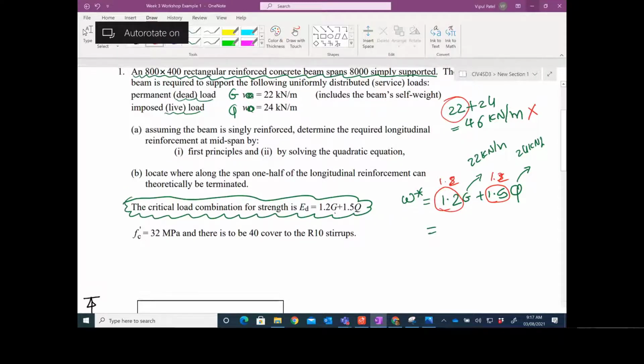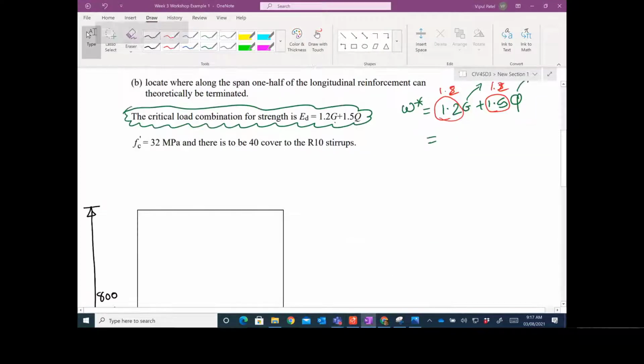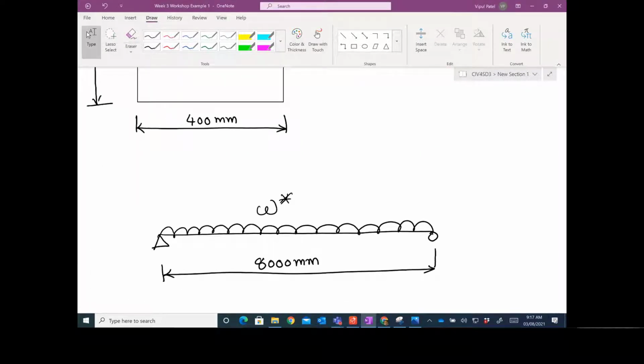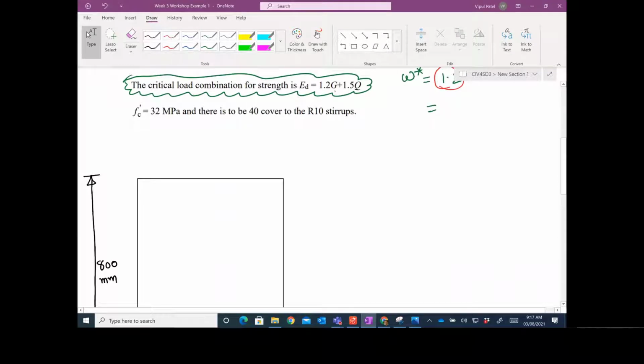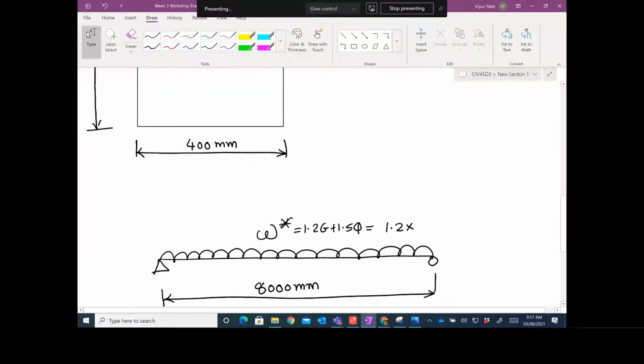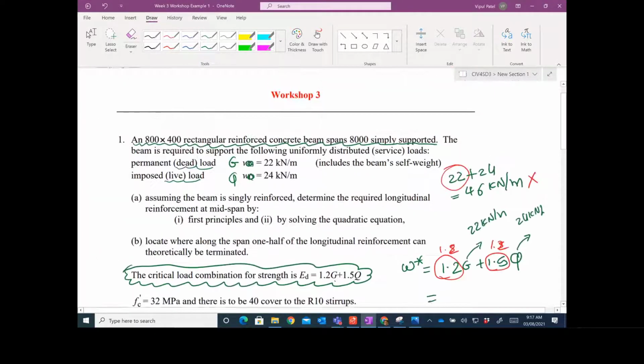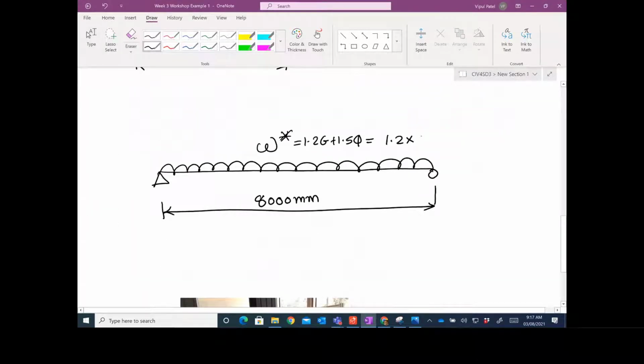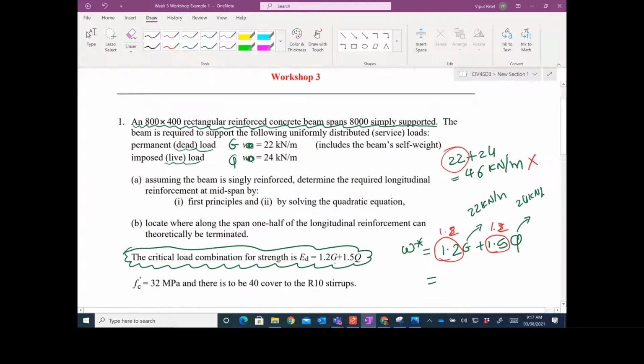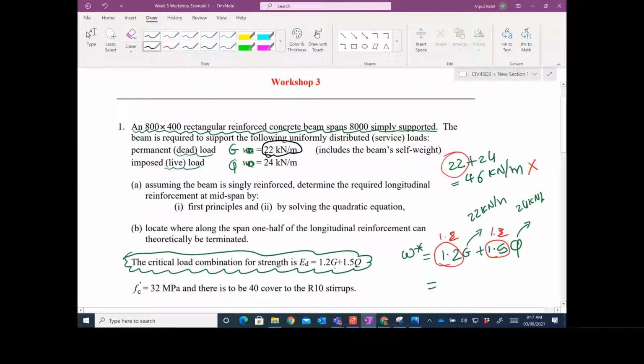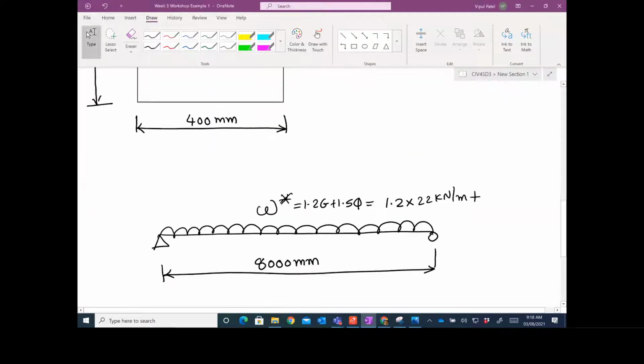Now, to calculate W star, here you have 1.2G plus 1.5Q, which is equal to 1.2 times G, where G is 22 kilonewton per meter, plus 1.5 times Q, where Q is 24 kilonewton per meter, which is live load.